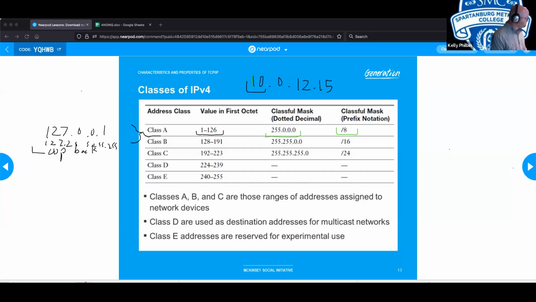All right. Good questions. Also, to notice notation, your class B, as Cynthia notated earlier, is 255.255.0.0. That is the classful mask utilizing the dotted decimal notation.